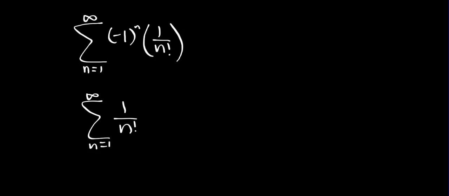We just end up with this. Now that one also converges, and you can show that series converges by the direct comparison test. But this series also converges. Both of these converge. So what we say is this converges absolutely.